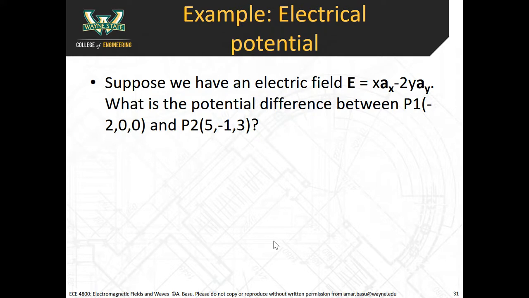The key part here is how do you get from P1 to P2? How do you set up that line integral? You may or may not remember how to do this.